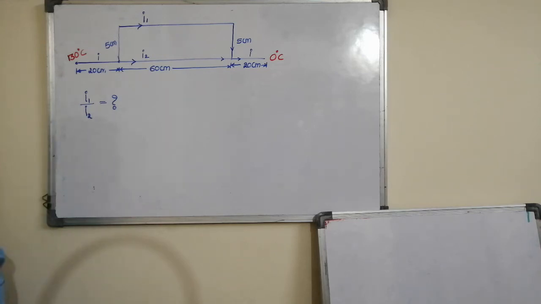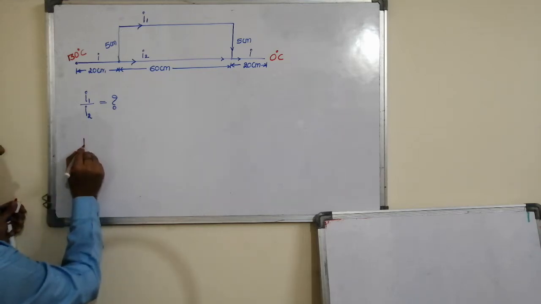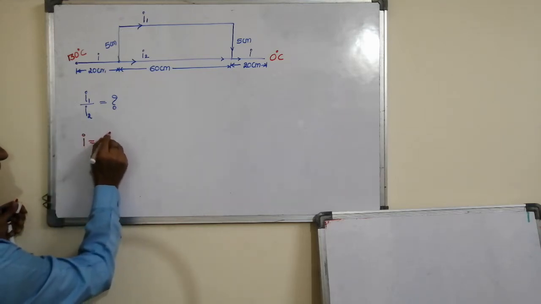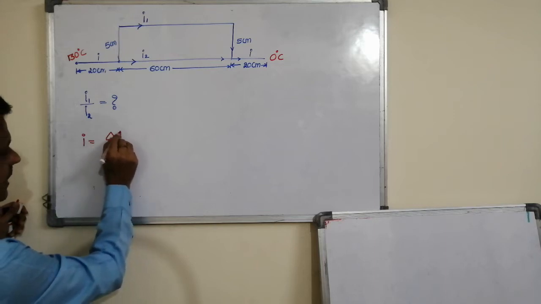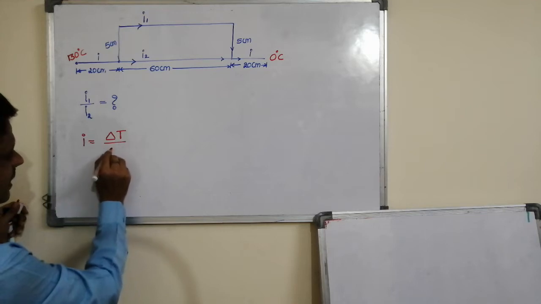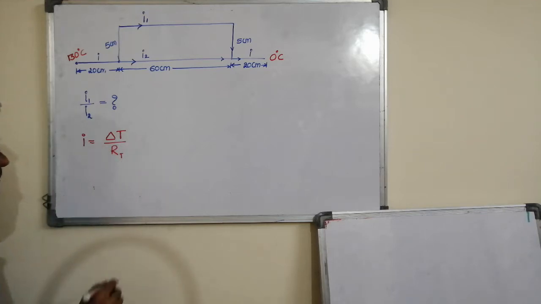As I told you earlier also, if I take the thermal current, I is equal to delta T divided by thermal resistance.